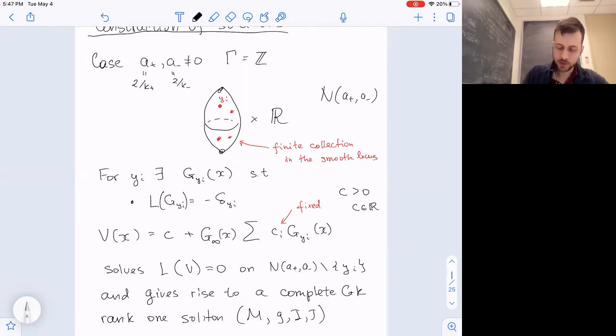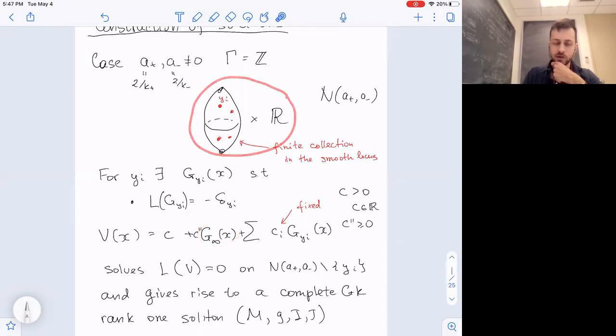There is one extra function which could be put here, so there is c2 prime. It corresponds to a pole at infinity. If you think about this as S2 cross R, which can be identified with R3 minus the origin, this corresponds essentially to the Green's function at the origin.